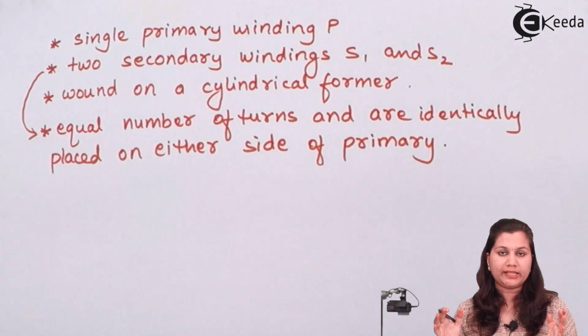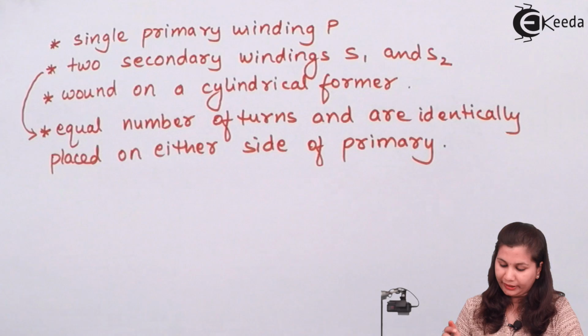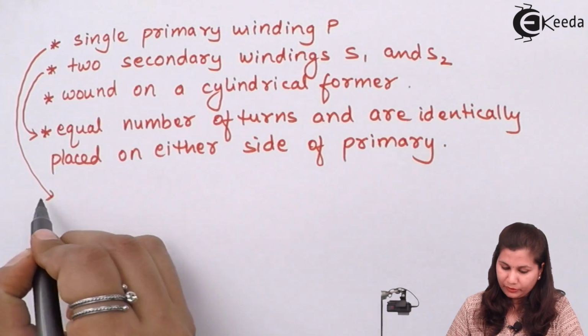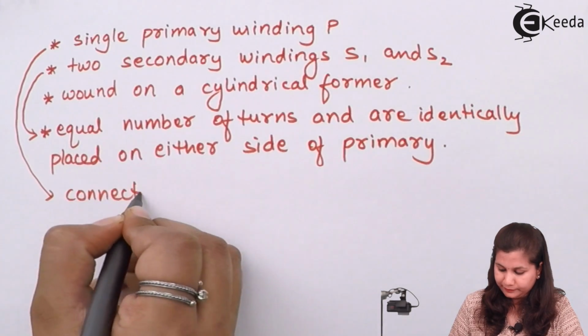Meaning at an equal distance they are placed on both sides of the primary winding. Now if we talk about the primary winding, it is connected to an alternating current source.